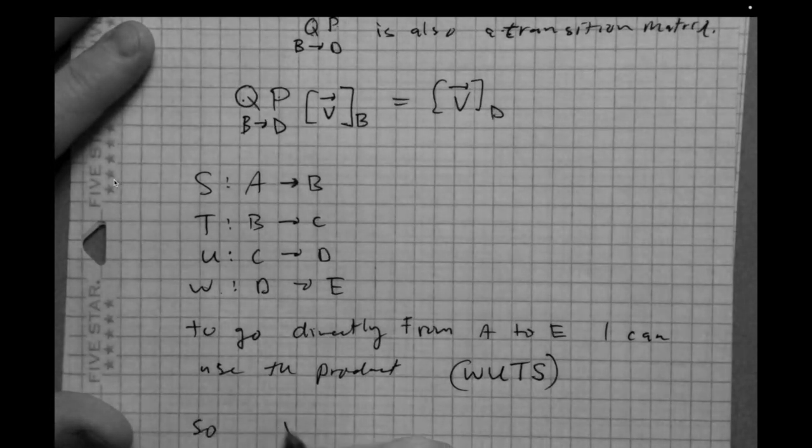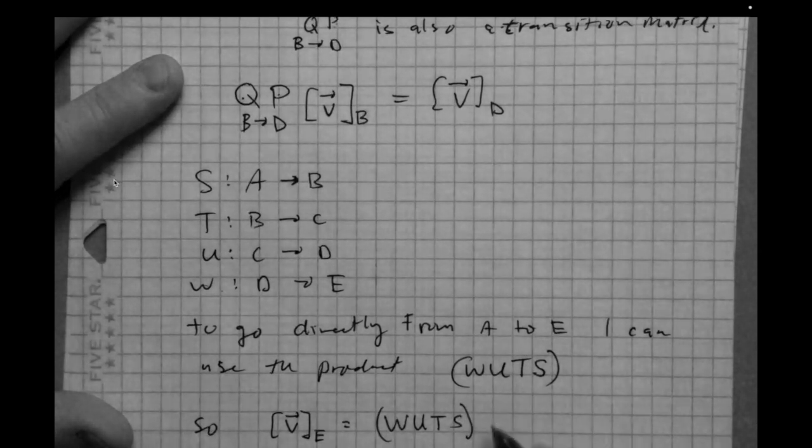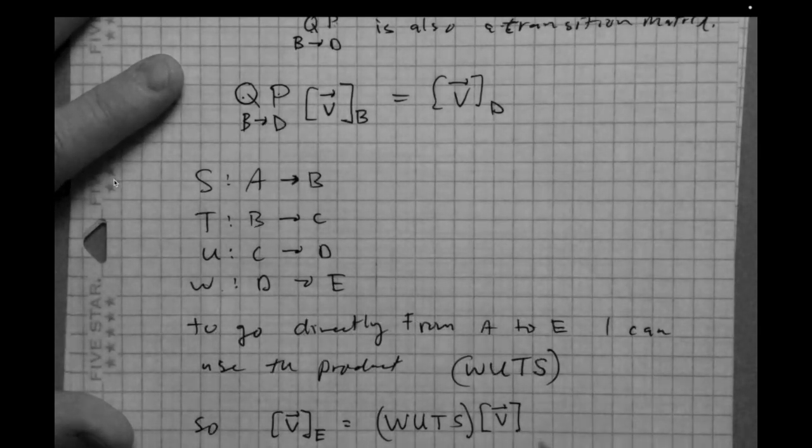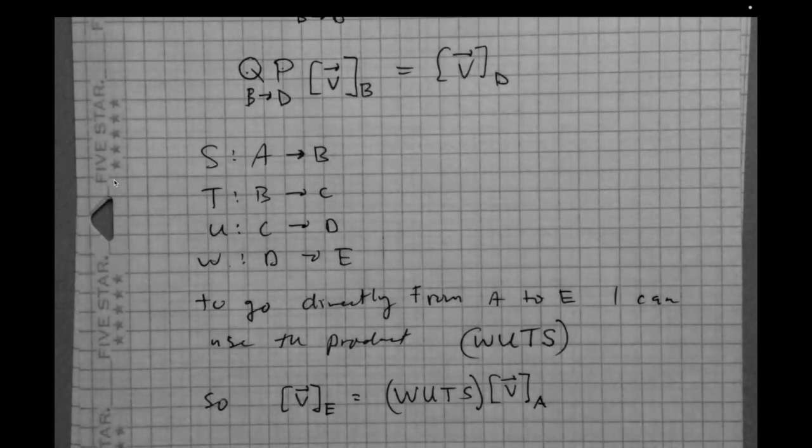So v coordinatized in E is equal to the matrix product WUTS times any vector coordinatized in A. All right, so that's really cool.